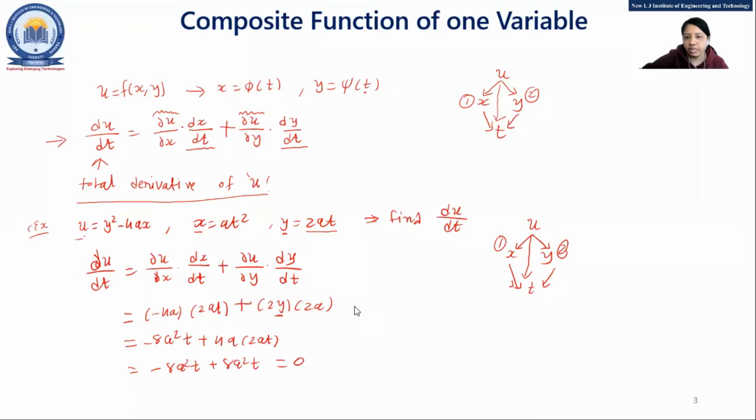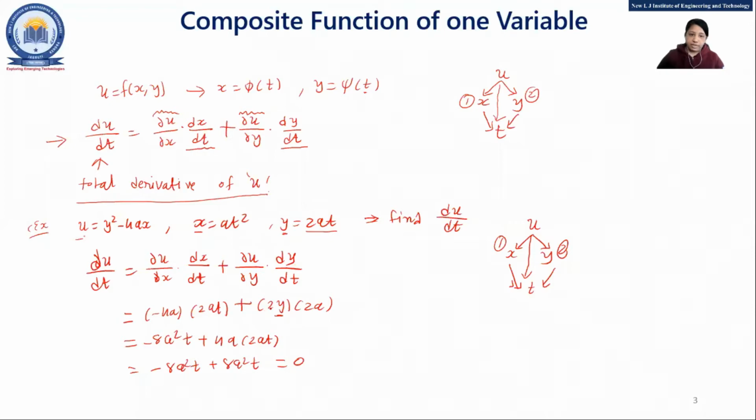Just a minute. 2y, 2y. Okay. So what happened here? This is called a composite function of one variable.